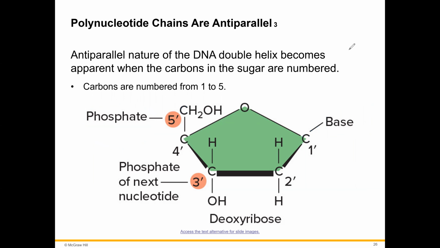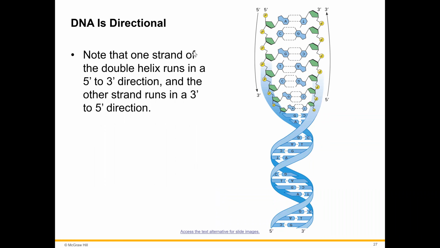That makes sense, right? Now look how we put things together. If you look over here, where we have phosphate, we have carbon number 5. So it's a 5' end. I remember it because 5 and phosphate: phosphate starts with PH, but the sound is F. So where we have phosphate, this is our 5' end.